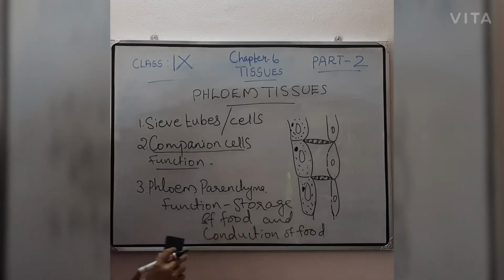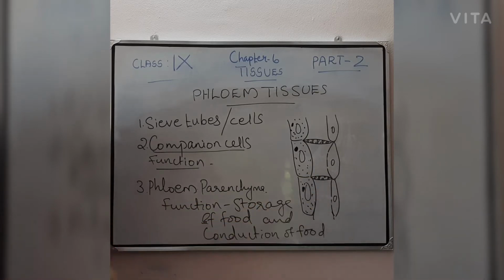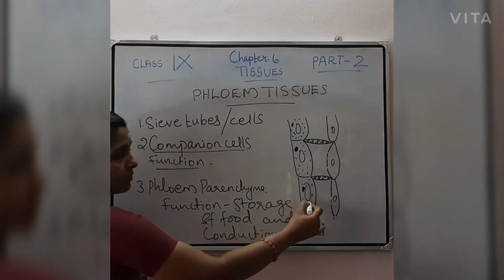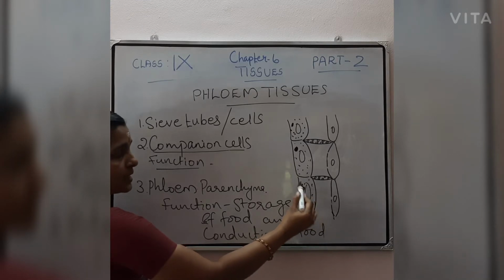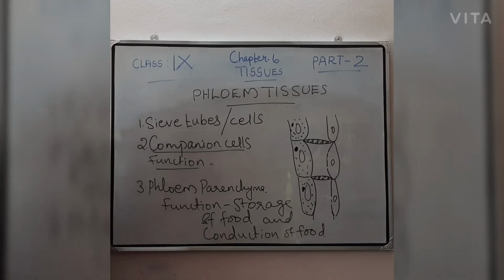So that is the function of phloem parenchyma. Phloem parenchyma cells are also elongated, living cells, with a vacuole, a nucleus and cytoplasm. The function of phloem parenchyma is storage and also conduction of food material.